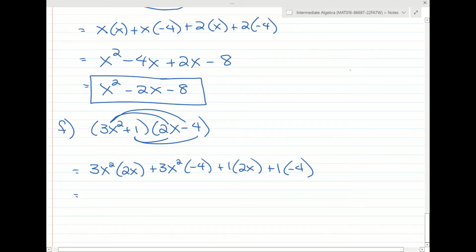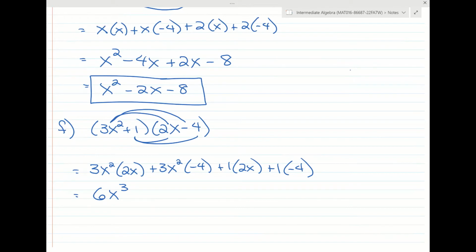We'll just multiply. 3 times 2 is 6, x to the third, minus 12, x to the second, plus 2x minus 4.